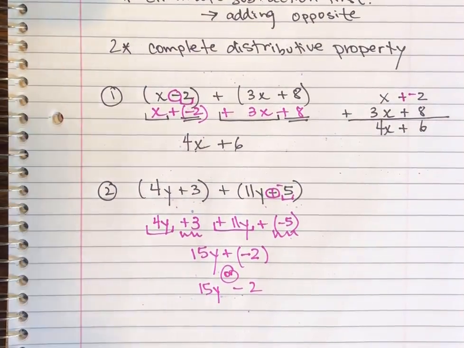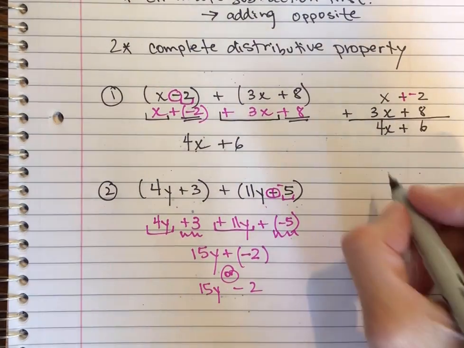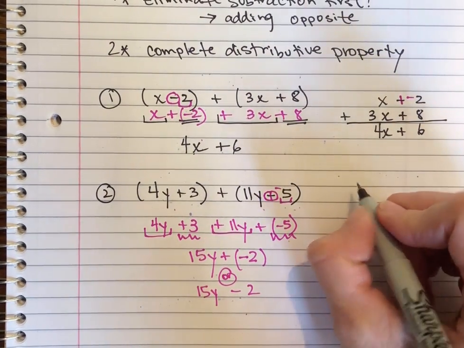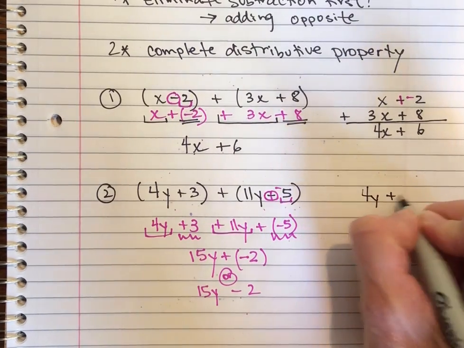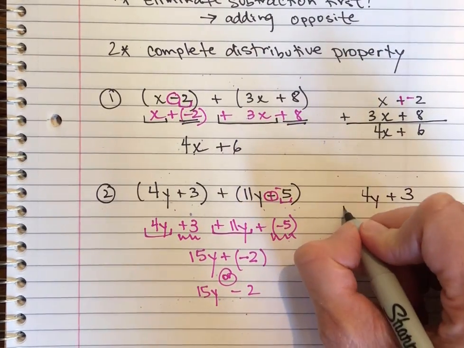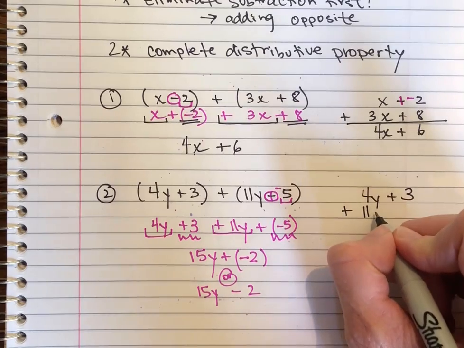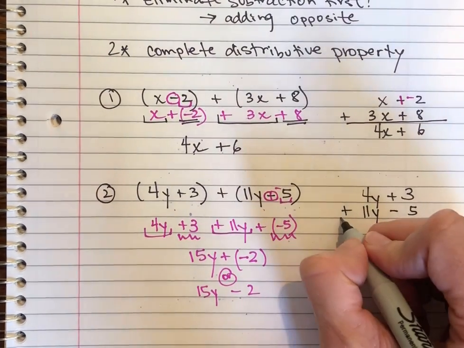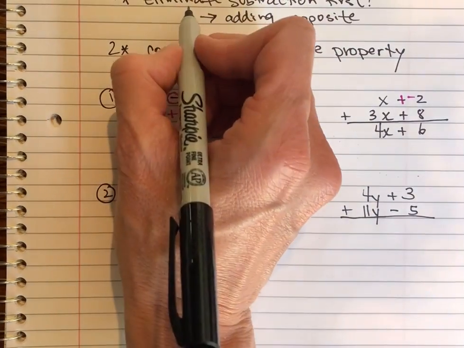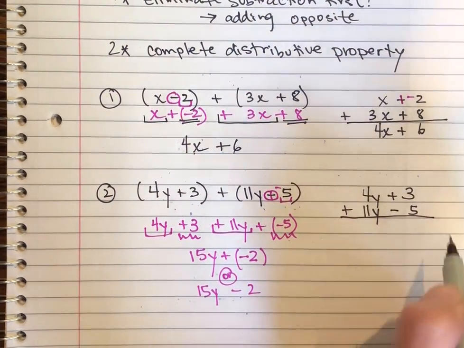I'll show you the vertical method again in case you seem to like it, then you can get the hang of it. So we'll put our first algebraic expression on top, 4y plus 3. We'll put our second linear expression underneath, 11y minus 5. That's how it was presented. We still have to eliminate subtraction when we use the vertical method.